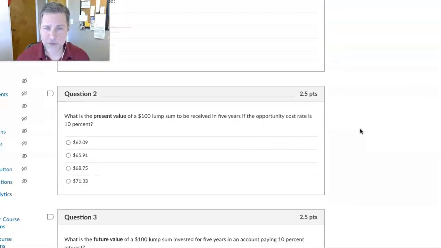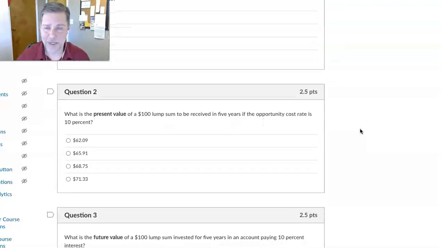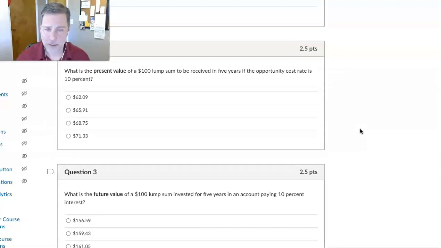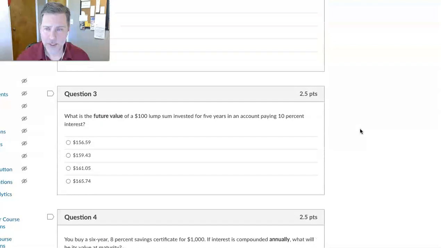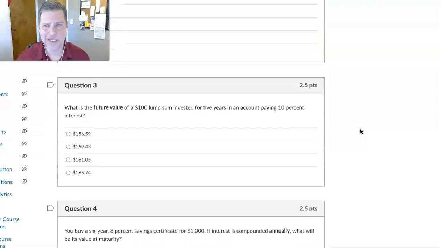A present value question, again, use a calculator. Another future value question. Again, I try not to make them too complicated. It's pretty straightforward. I'm not going to throw a lot of red herrings in there about what's the interest rate that I should use.